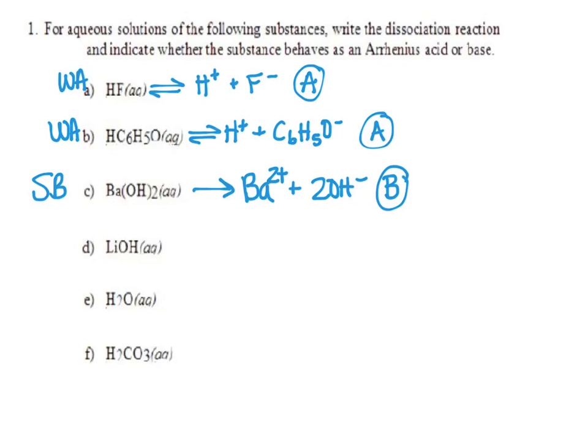All right, so somebody tell me what's the difference between the two I wrote. When we took this dissociation reaction, why did I use equilibrium arrows in one and not the other?